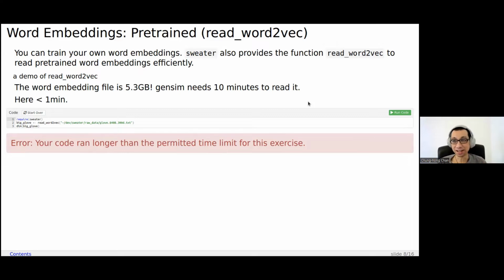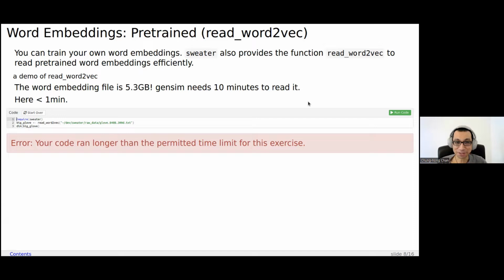My package provides a function to read the word embeddings from those pre-trained word embeddings. If it works, it can read a very large set of word embeddings within a minute. If you use Python, the Gensim package also provides some functionality to read those pre-trained word embeddings. It will take 10 minutes.